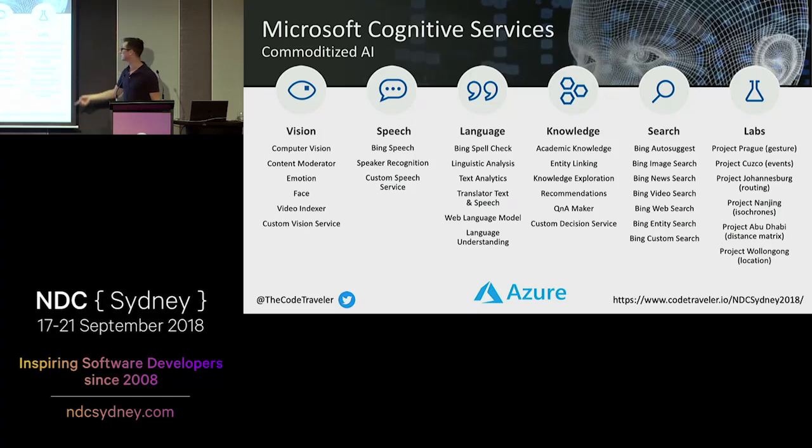Again, I don't know what Project Prague means, but I'm sure it's going to be cool. And so you can see under each tier, there's all these different services available to us. And so these are all in Azure, in Microsoft Cognitive Services. And again, we've essentially commoditized artificial intelligence. We made it so anybody can add artificial intelligence to their apps.